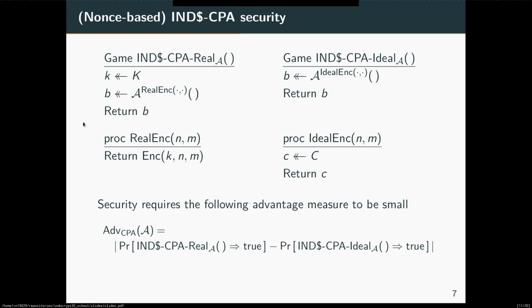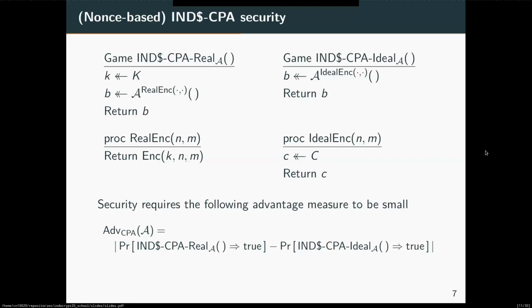The one on the left allows the adversary to interact through the oracle that we give to the adversary, with the real encryption scheme, so this Enc construction that we just described, with a key K that's fixed in advance, right?